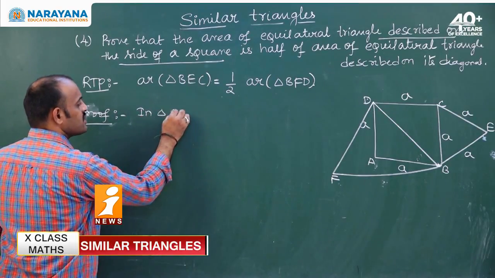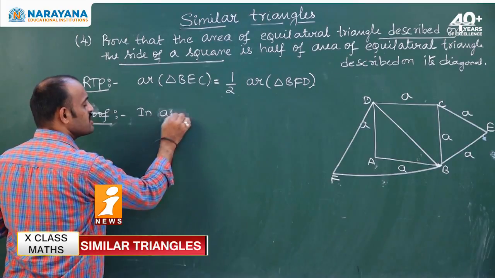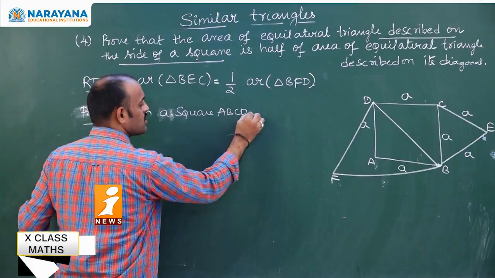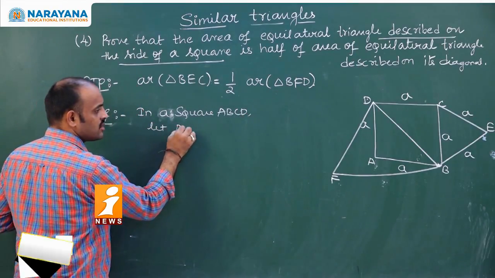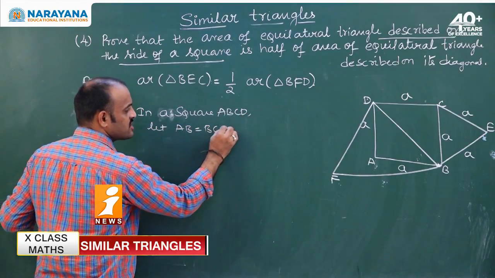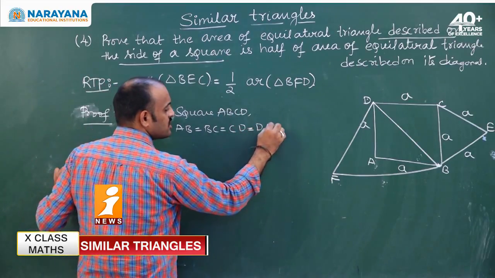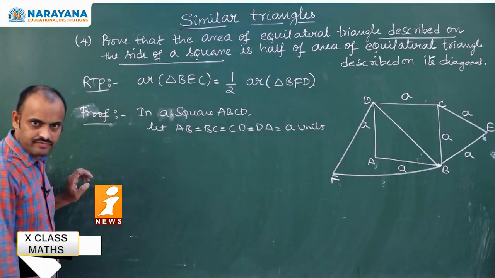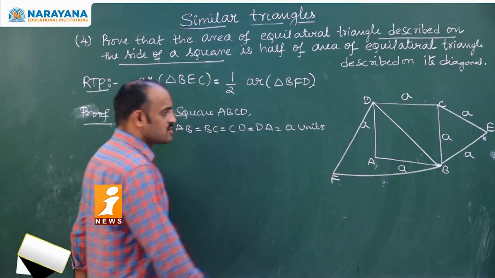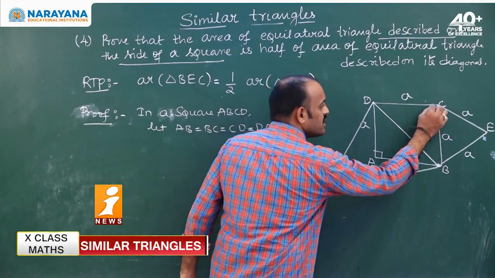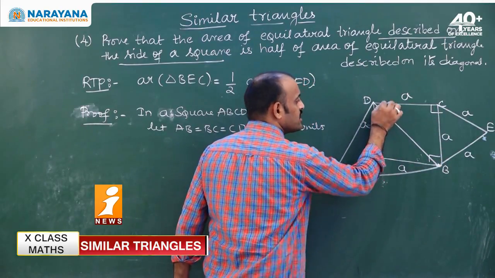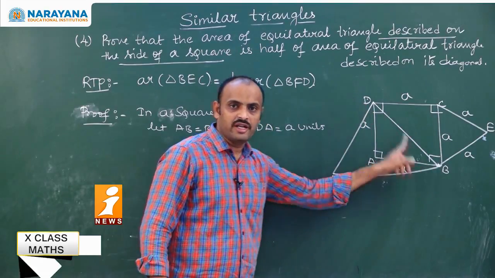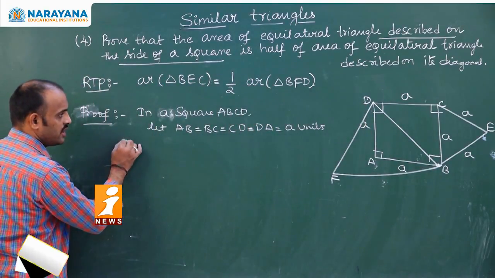So what is given? Let's see the proof here. In square ABCD, let AB is equal to BC is equal to CD is equal to DA is equal to A units. In a square, each angle is 90 degrees. So using Pythagoras theorem, we can find the length of BD.